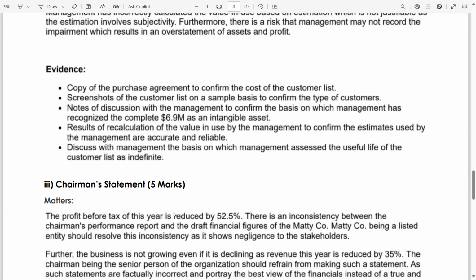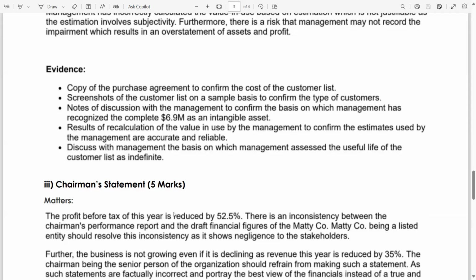Now, evidence. Copy of the purchase agreement to confirm the cost of the customer list. Screenshots of the customer list on a sample basis to confirm the type of customers. Notes of discussion with the management to confirm the basis on which management has recognized the complete 6.9 million as an intangible asset.